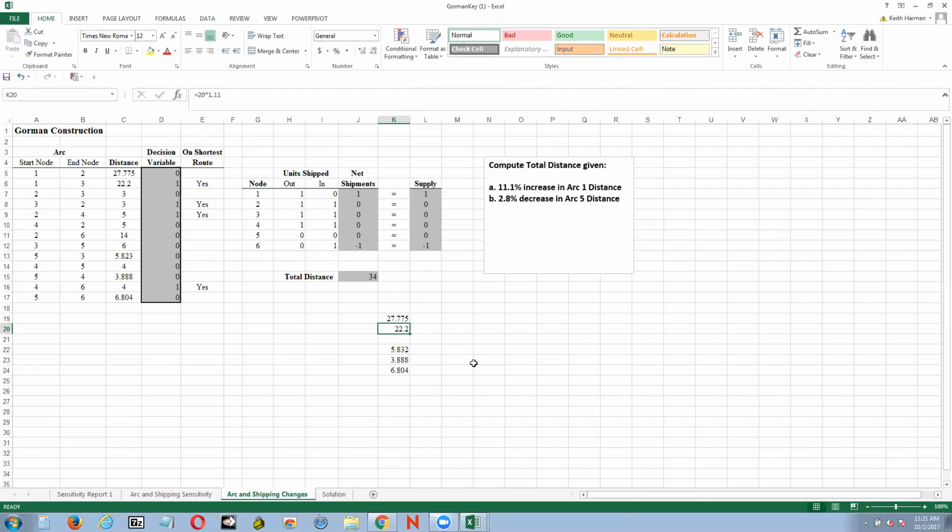You often have to pick or choose, or at the very least run through some of these scenarios, use Solver, or a transportation company would use its nodes. It would use some proprietary software probably, and they'd run many iterations to see what looks like the best one.